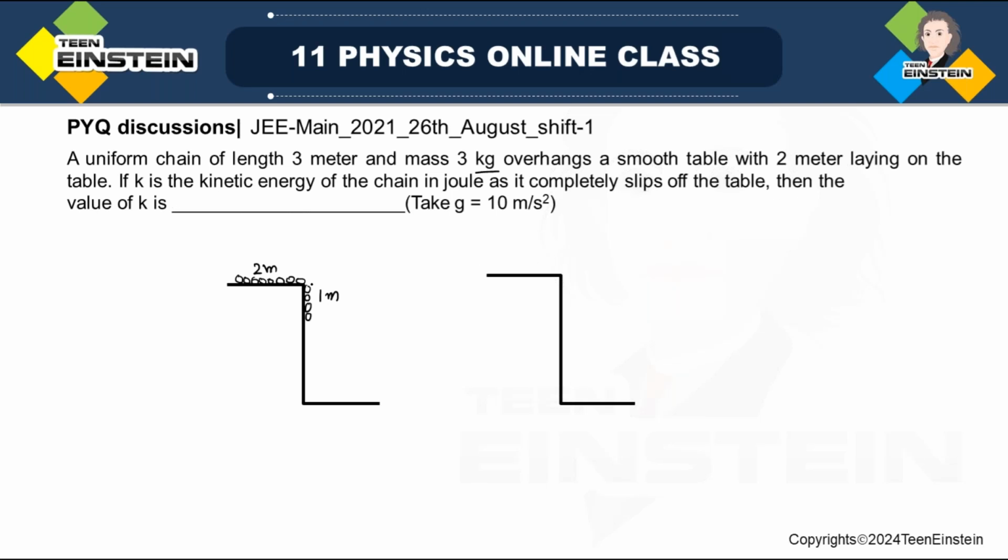Let me draw another figure. Since it is a smooth one, this chain will actually slip down, and suppose the whole chain is at a certain point like this.